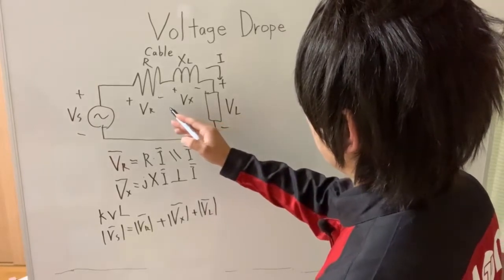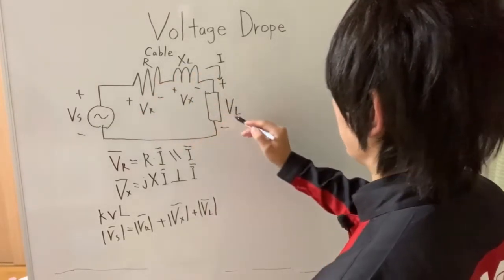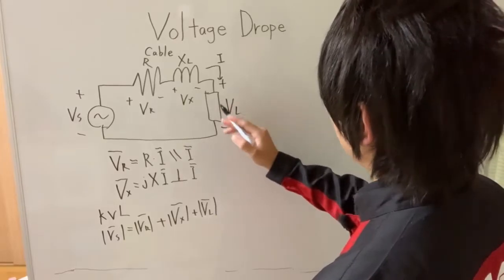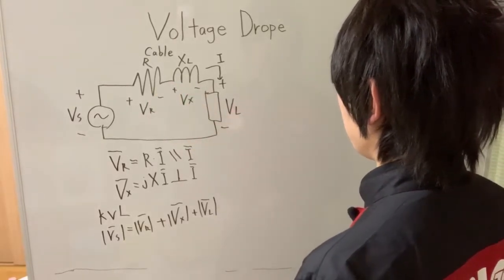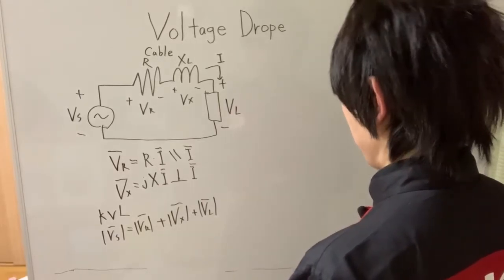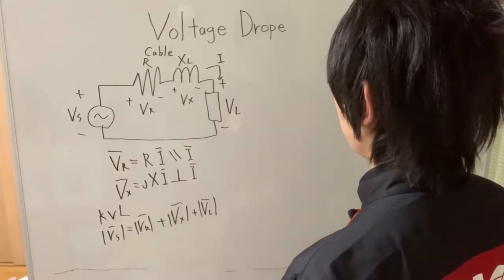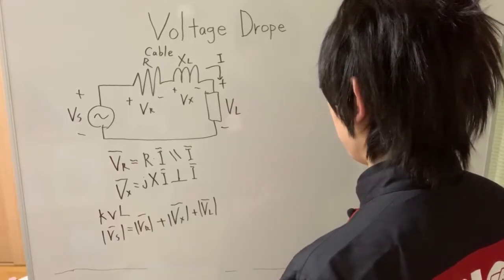So the higher the voltage drop, the lower the voltage on the load, and the lower the voltage drop, the higher the voltage on the load. That is voltage drop, and that is why we are trying to reduce it as much as possible.